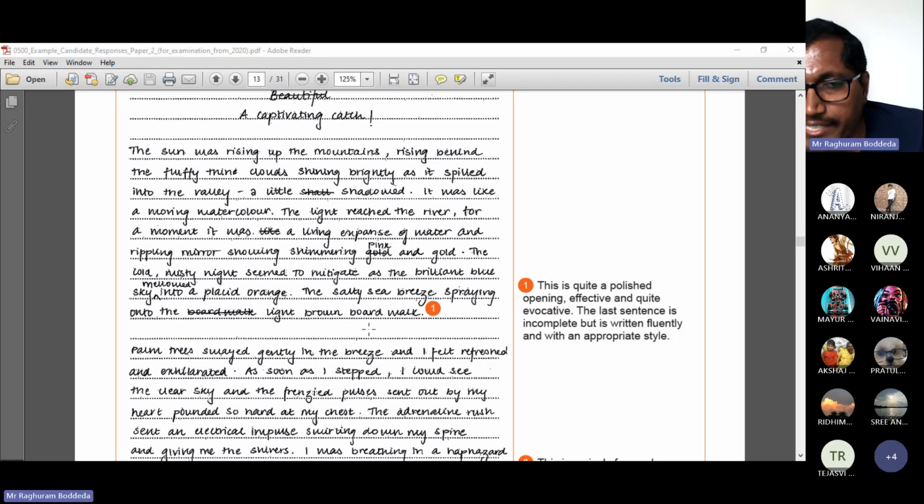So many adjectives they used, right? So in this describing, even you can look at here, classic orange, salty sea breeze, and spraying onto light brown boardwalk. Okay, so these are the elements that slowly introduced to describe a place.